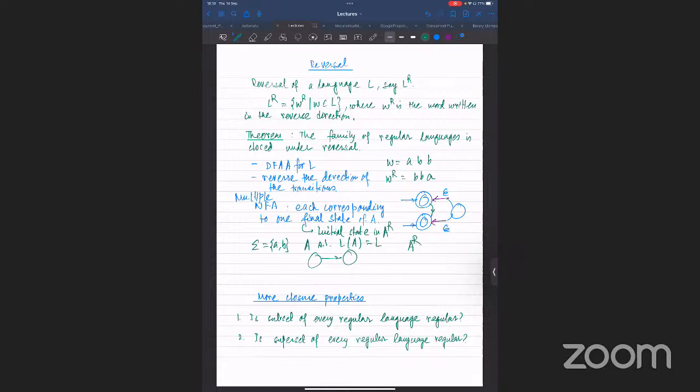And you are saying that when we have this, we are going to reverse this thing. Now suppose this was a, and there was another transition which had b here. This is fine, correct?